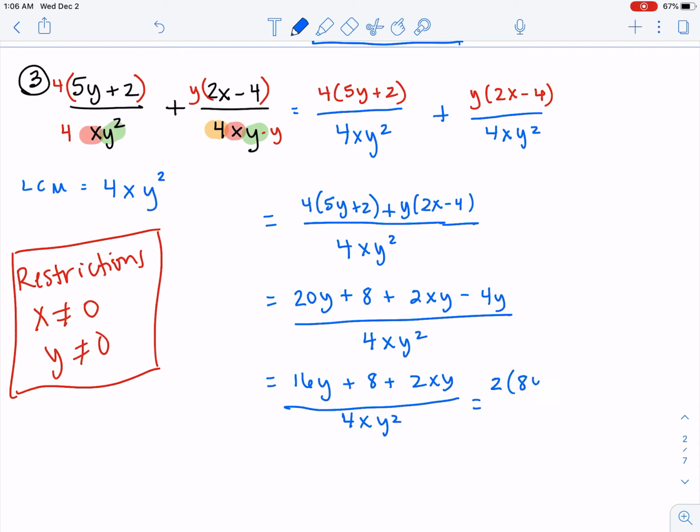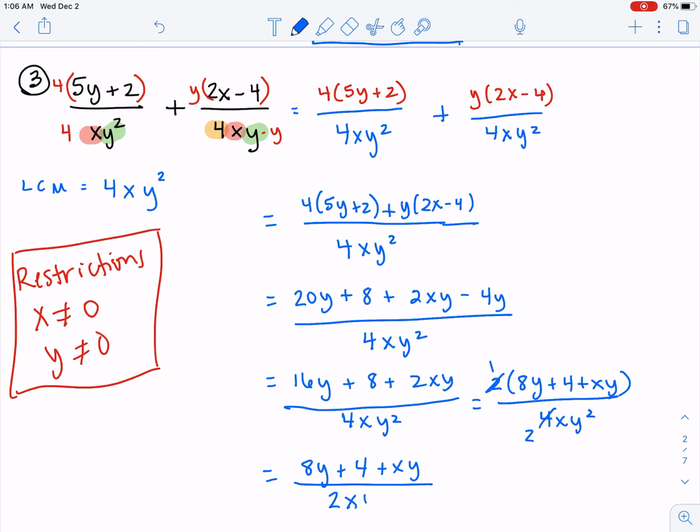So that is 8y plus 4 plus xy, and that's all over 4xy squared. Now, does anything on the top simplify with the bottom? This 2 goes in here once and in here 2 times. That simplifies to 8y plus 4 plus xy all over 2xy squared. And that is your simplified expression.